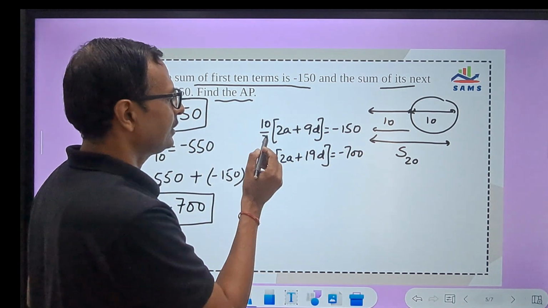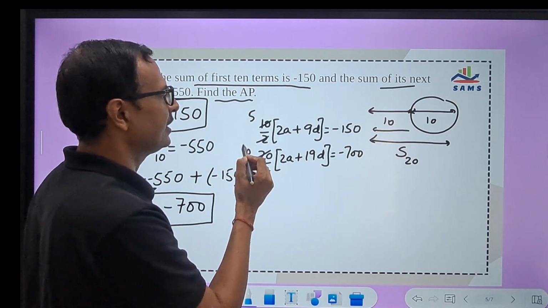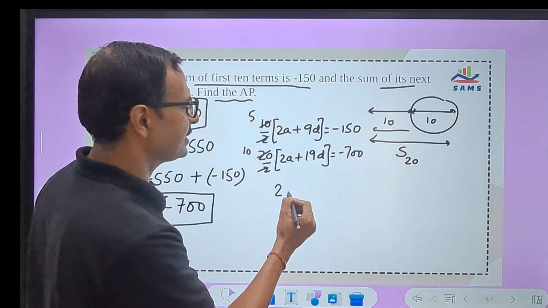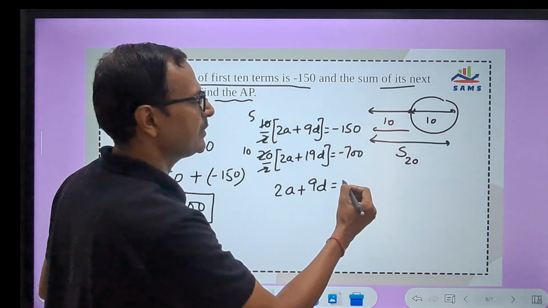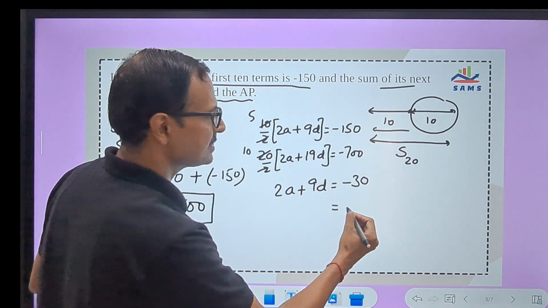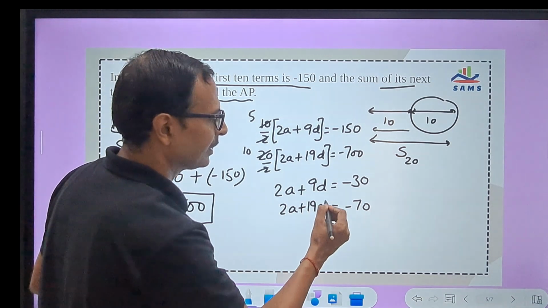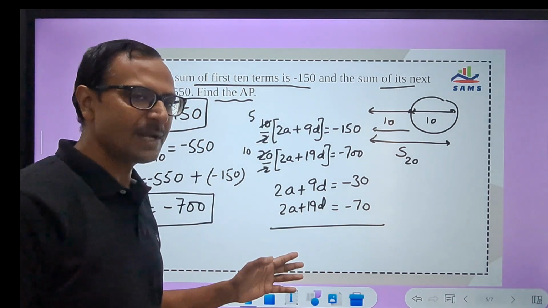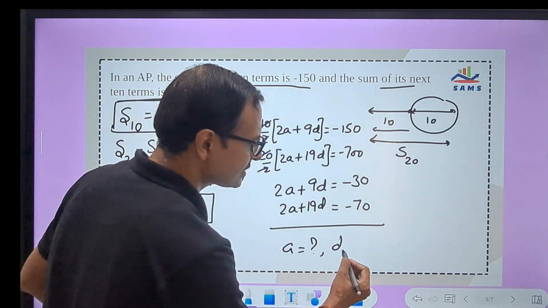And now this 5 and this 10, so I can shift the 5 to the other side. This will give me 2a plus 9d equals, divide by 5 means minus 30, and divide by 10 means minus 70, 2a plus 19d. So pretty easy equations now, and you can find a and d from these two equations.